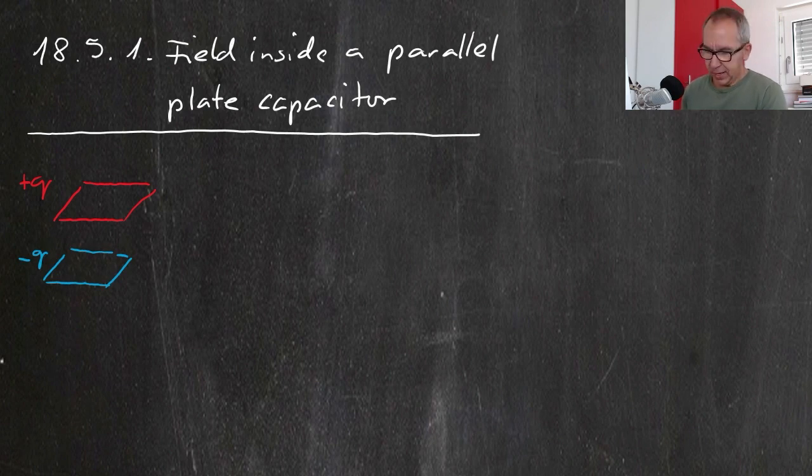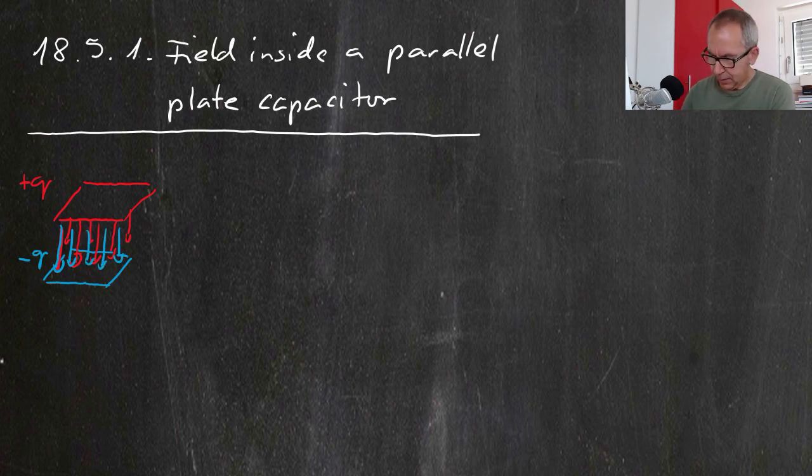In almost all cases, the two plates are charged equally, so the magnitudes of the positive and the negative charge is the same. Now, the red plate will cause an electric field pointing away, and if we are just interested in the part in between these two plates, it will just look down, while the negative plate will have a field pointing towards the plate, so it will be pointing downward as well.